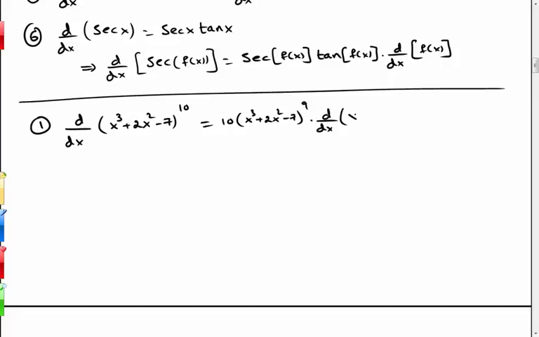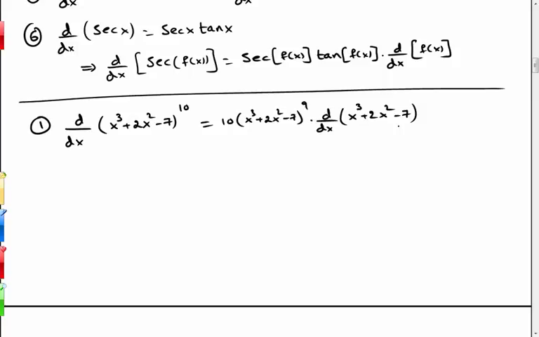In our case, would you agree that our f of x happens to be this x cubed plus 2x squared minus 7. Now you see, this is why I don't say f prime of x. I would rather think of it as d/dx of f of x, because f prime of x, meaning times the derivative of x cubed plus 2x squared minus 7, it may not be that clear.